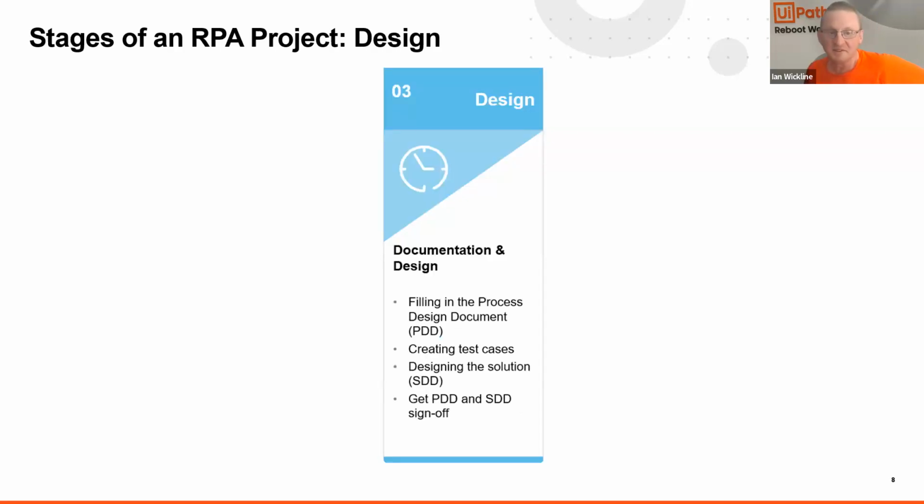Taking us into the design stage, probably in the world of solution architecture, if there is one, the most important of all of them. This is where automation solutions begin to focus on creating a comprehensive solution architecture that outlines the structure, the components, and the integration points of this automation solution that we're putting together.